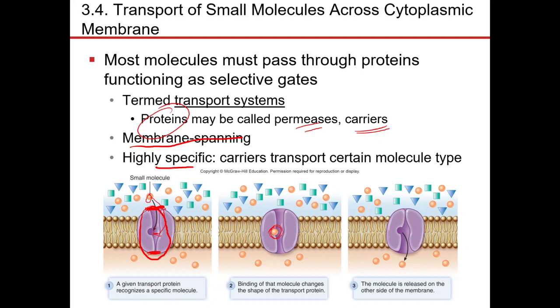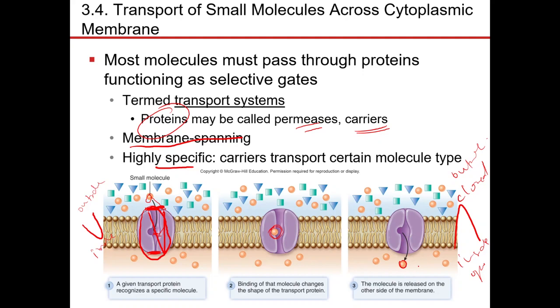As you can see, it went from a V shape, where the top of the protein channel is open to the outside but closed to the inside, to an inverted V, where now the outside is closed and the inside is open. So the orange circle can enter the cell.